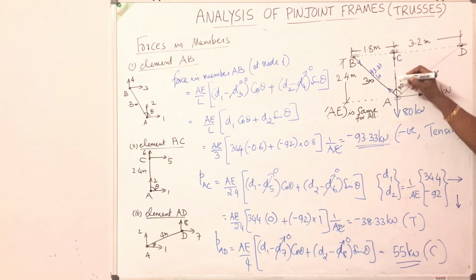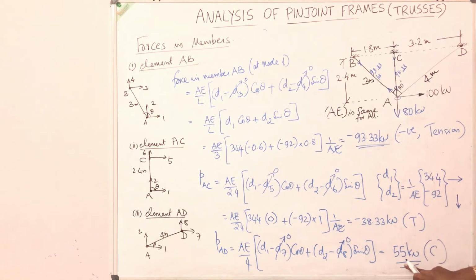So mark tension in the member, 38.33. For the third member, it is compression. Compression means it pushes the joint. It is 55 kilonewton. So after completing the analysis, mark all the forces in the figure or you tabulate it.